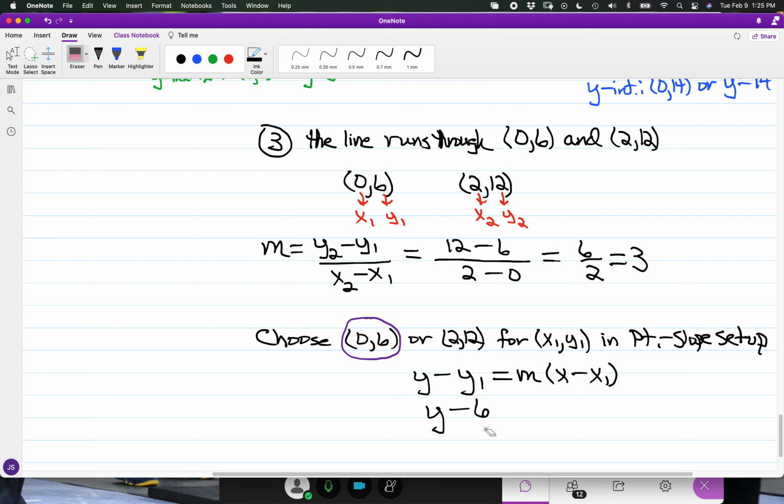I'll do a little bit of color coding. So you have y minus 6 is equal to m, and m is determined to be 3, times the quantity x minus 0.